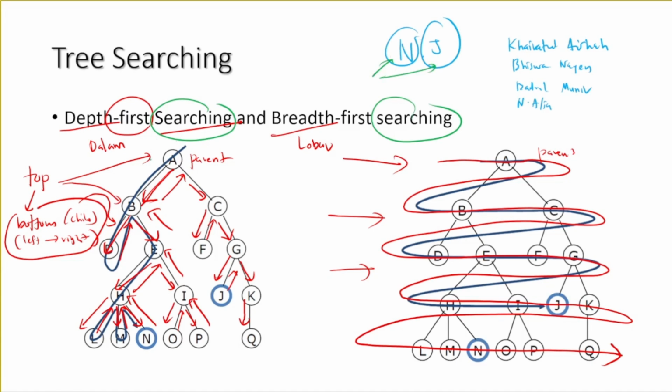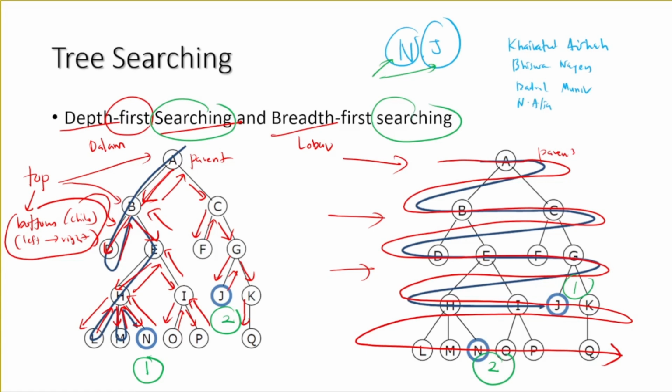The moment that we search by depth first searching, the N and J, which one comes first? So I did show you this and this, right? Go here. So N would be first, followed by J, kan? But the moment that we choose breadth, J is first, not N. So that would be a different thing, right?